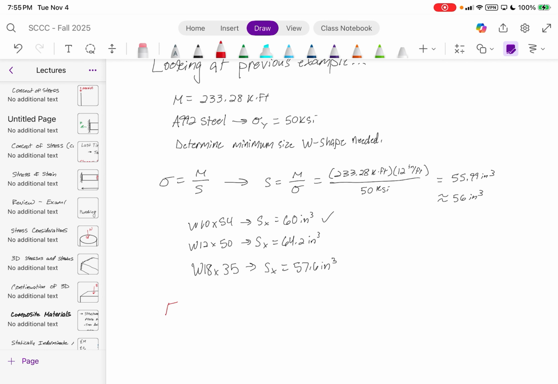Now, what if we had a factor of safety of 2? Then the section modulus that we would need would become 56 times 2, so 112 cubic inches. In that case, what would be a W shape we would want to use?